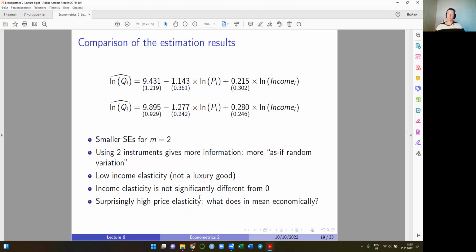I mean, it is believed. But now, data says that the price elasticity is, in absolute terms, greater than 1. Which means, once you increase prices by 10%, people drop their consumption by almost 13%. This is an elastic good.